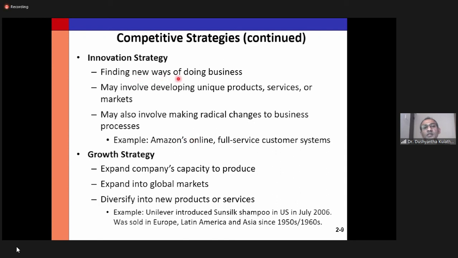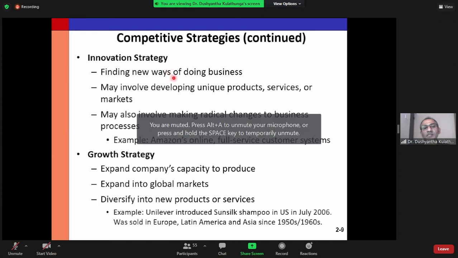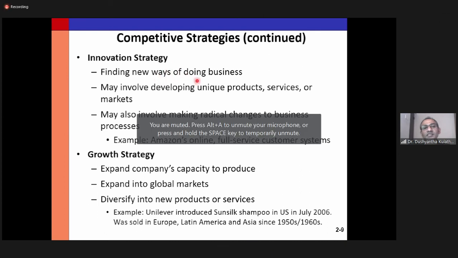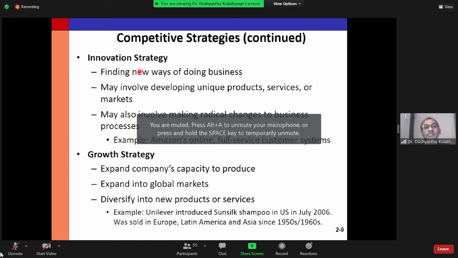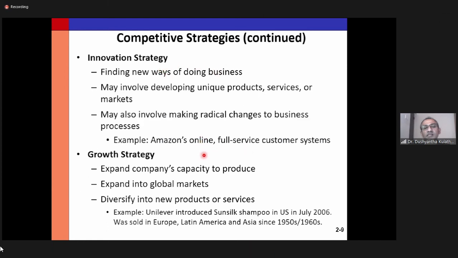So Amazon became a very successful business from the early stages. It's a new way of doing business, replacing the traditional model with an online model. So we can think about other areas also if you want to innovate.